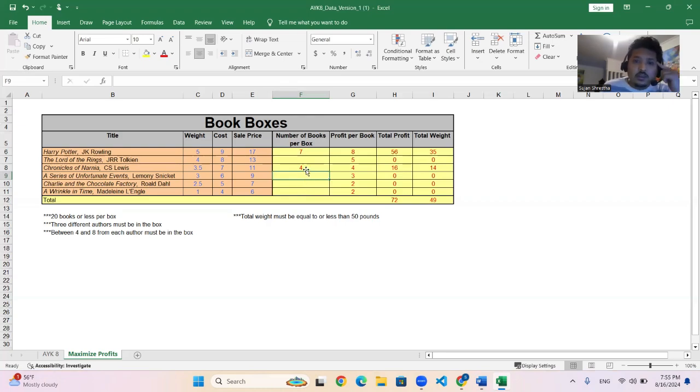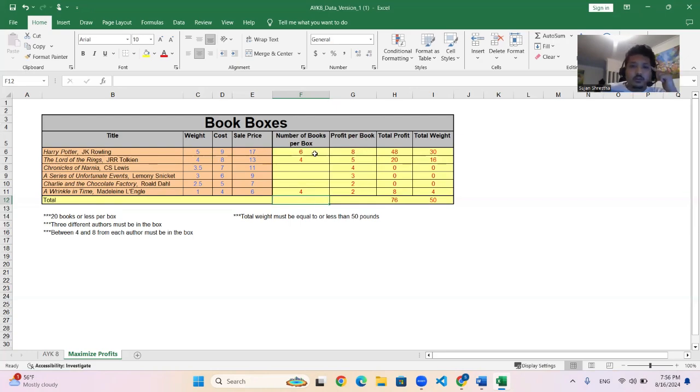Again, that is 72. If you choose six Harry Potter books and four Lord of the Rings books, we get a total weight of 46. At the end, we can add this book, A Wrinkle in Time, 4.